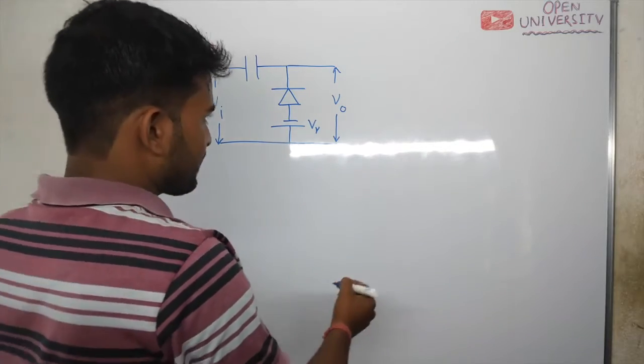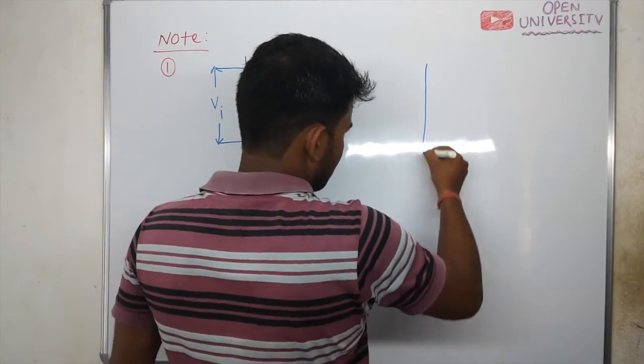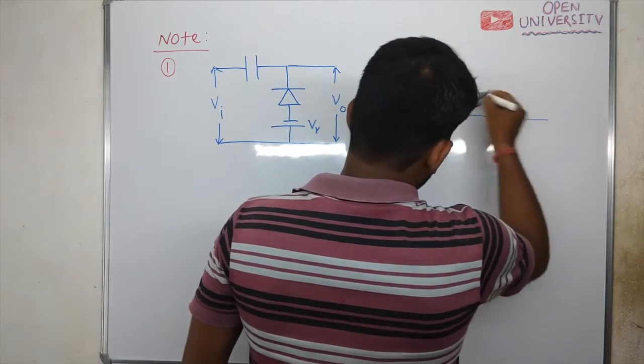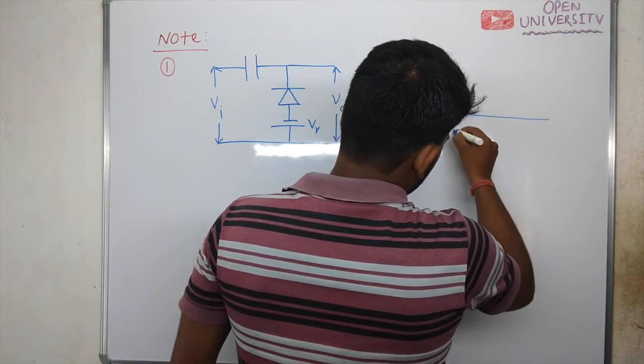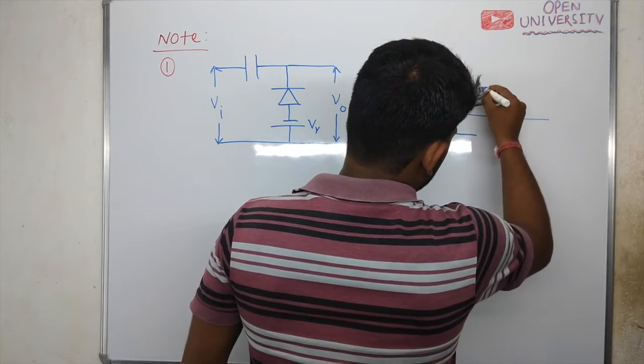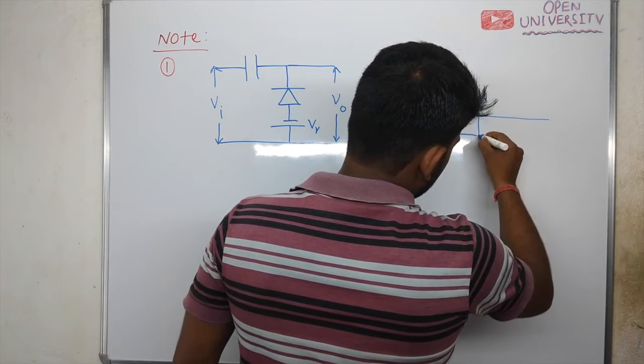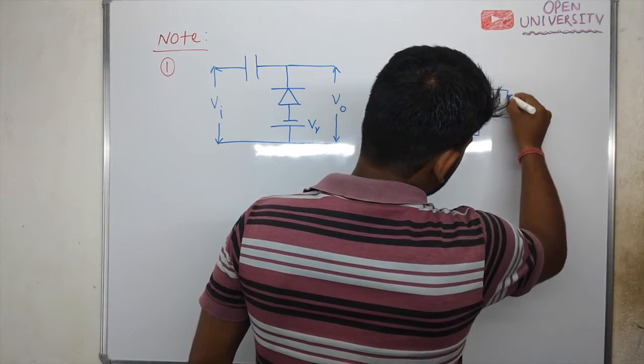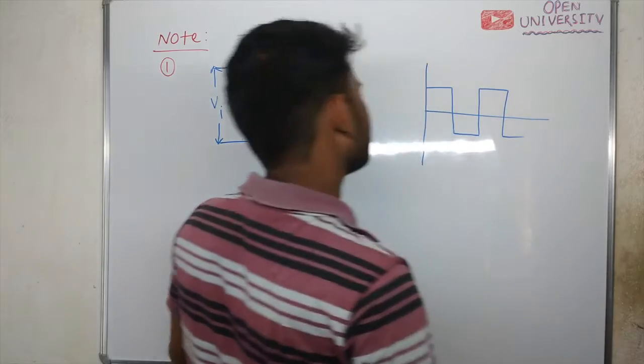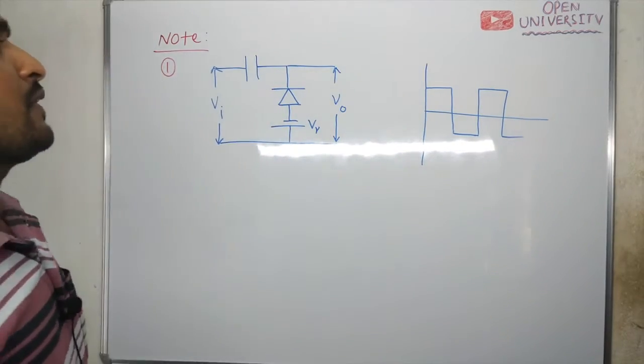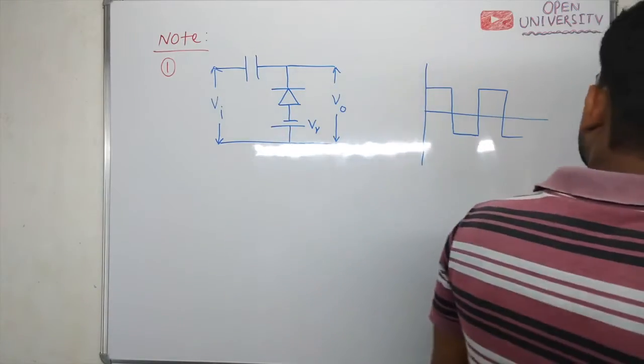Let me assume my input voltage is a plus minus Vm square wave signal like this.